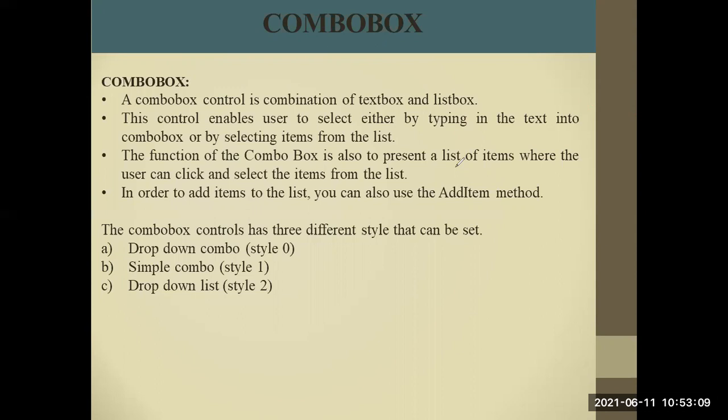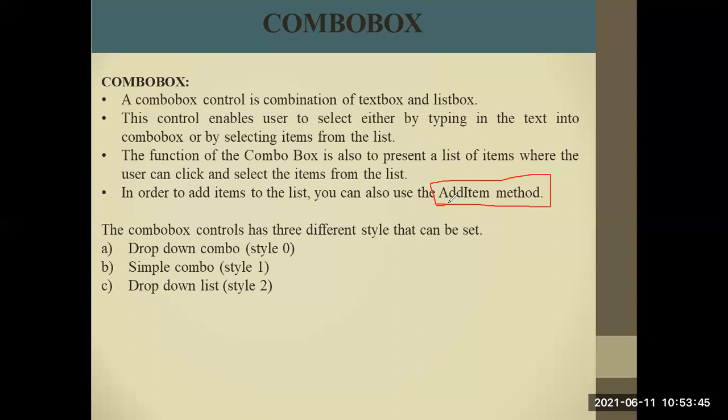And if you want to add any item to the list, you can use the add item method. Suppose someone wants to add an additional item to the list; it can be easily provided. There is a special method called the add item method for the combo box, which is basically used when we want to add an additional or new item.